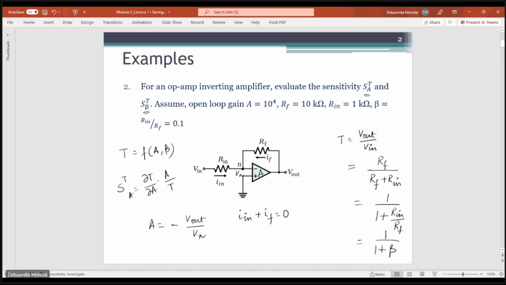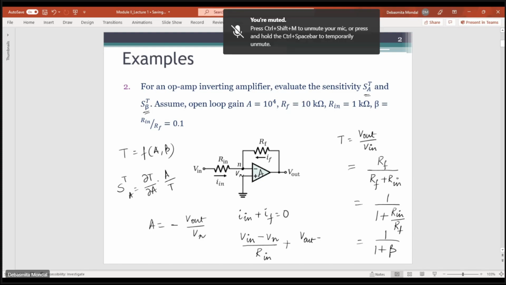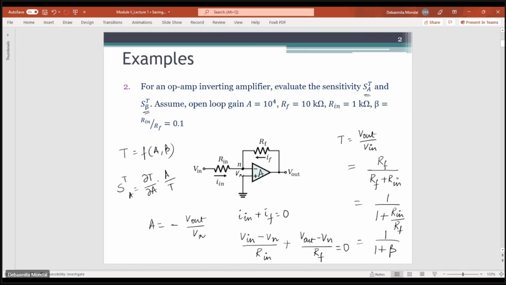The second expression: if you carry out a loop equation, I in would be V in minus Vn by R in, and IF will be V out minus Vn by RF. So this should be equal to 0. Am I right?